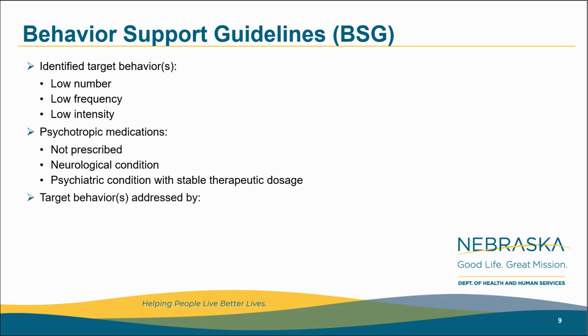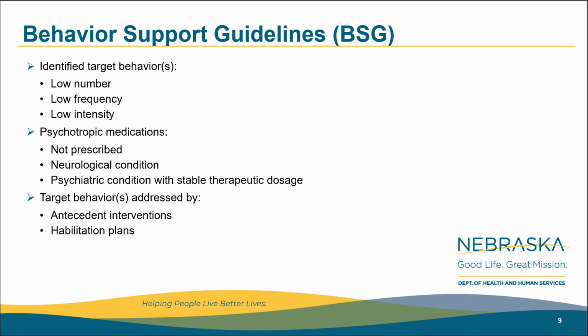Another consideration for behavior support guidelines is that the identified problematic behavior or behaviors can usually be prevented, responded to, and decreased by the use of strategies, methods, or services that are already available or in place. These can include general antecedent or preventative interventions, which refers to things like environmental engineering, such as making sure that behavioral triggers are minimized, or providing non-contingent attention to an individual.